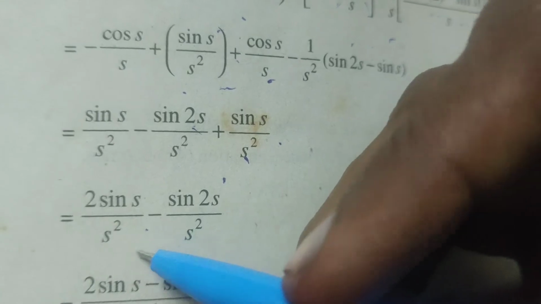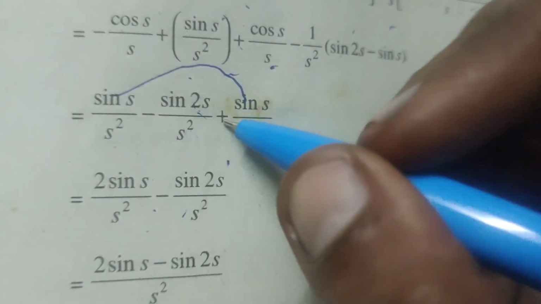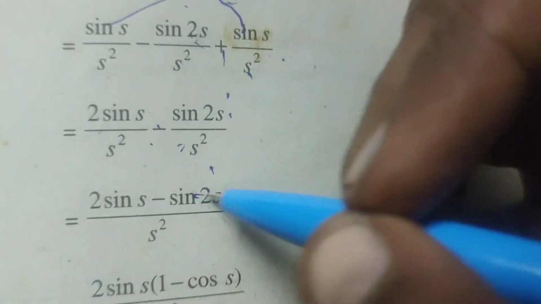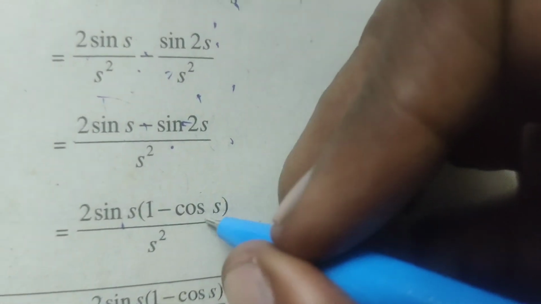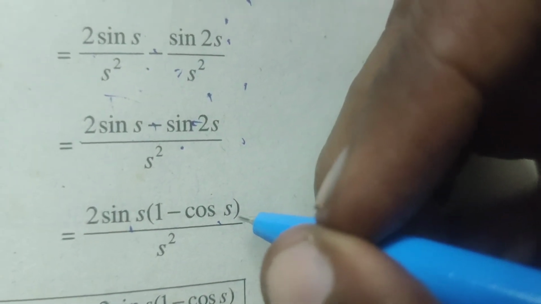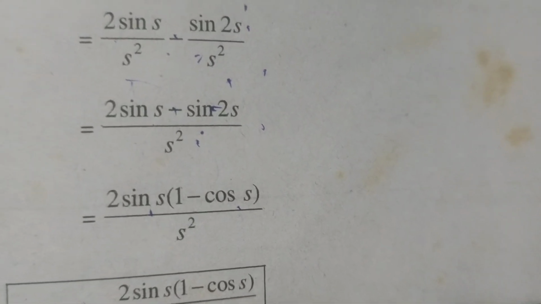Here, 2 sin s by s square minus sin 2s by s square, that is (2 sin s minus sin 2s) by s square.